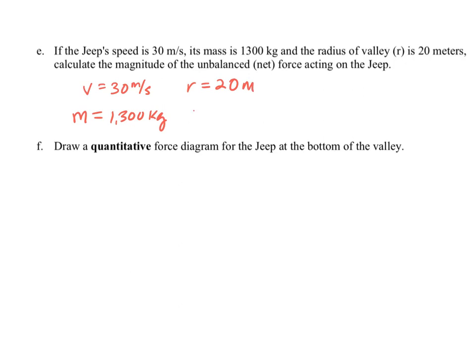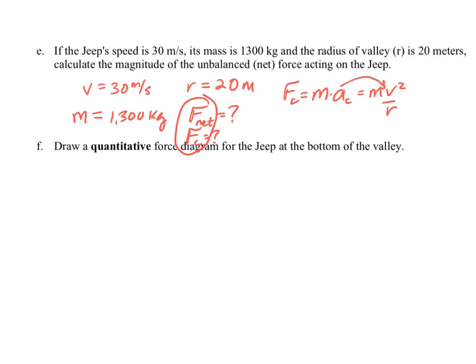And they want us to calculate the unbalanced or net force, which I know in this case is also, because it's moving in a circle, the centripetal force. Well, I have an equation for the centripetal force that looks like this. Centripetal acceleration is v squared over r.